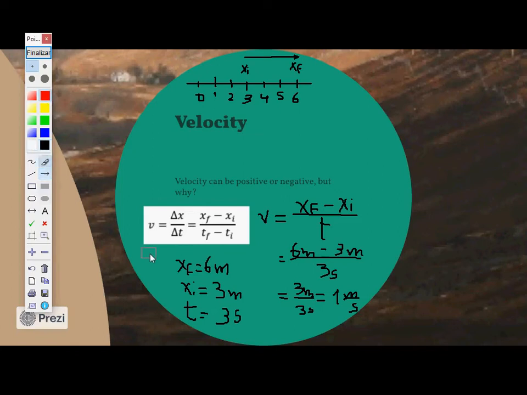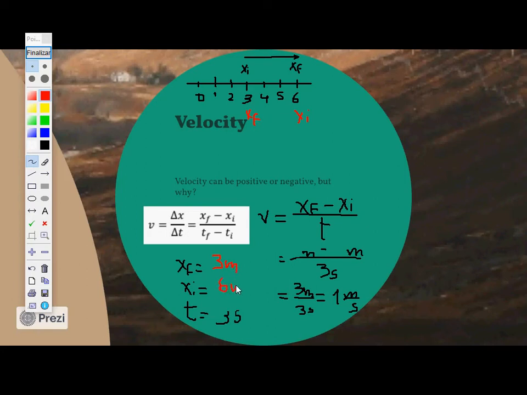But now let's work out with another example. Let's suppose that these are not going to be the final and initial position. I'm gonna make a little changes here, and let's see what is going to happen. This time the final position will be 3 meters and the initial position 6 meters.